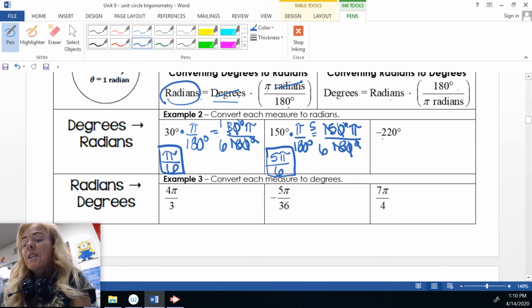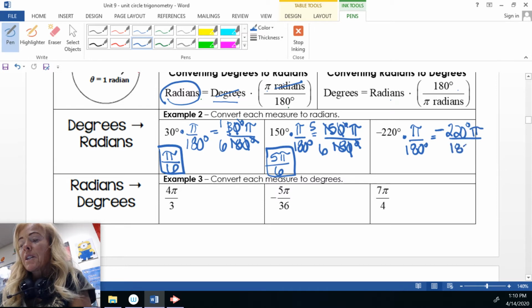And then negative 220 degrees, again, in radians will be pi, we multiply by pi over 180 degrees. Multiplying straight across, we have a negative 220 pi over 180.